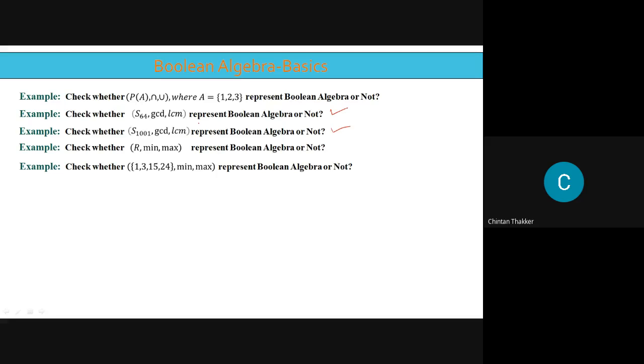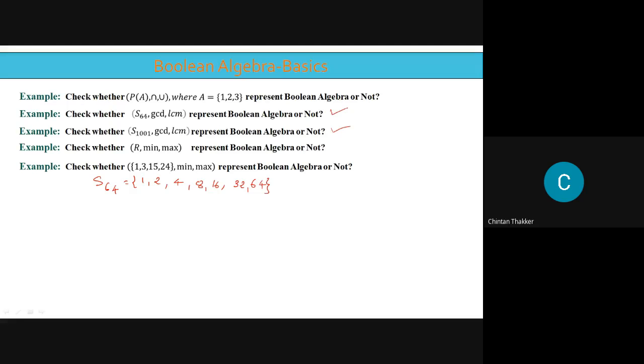So for S64, which are the elements of S64? S64 has elements 1, 2 (if we divide 64 by 1 we have 64), 2 gives 32, then 4 gives 16, then 8 gives 8 again. These are the elements of S64.